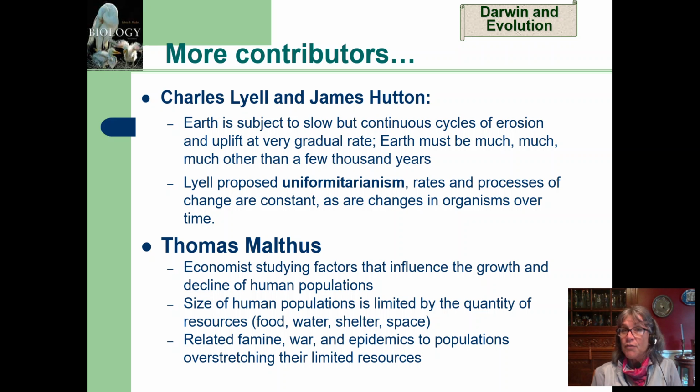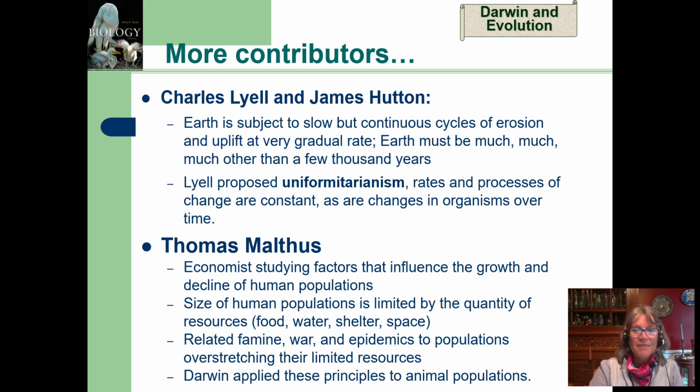So famine, we've used up all the food resources, or drought, we've used up all the water resources. War, because we're running out of space and we're moving into other people's territories. So that's from overpopulation, from humans exceeding their carrying capacity.